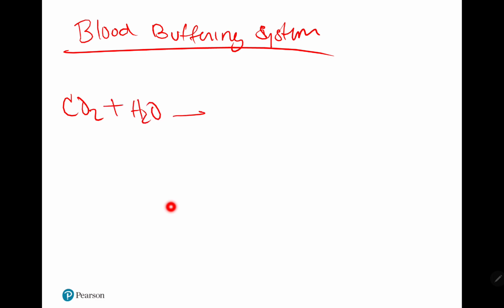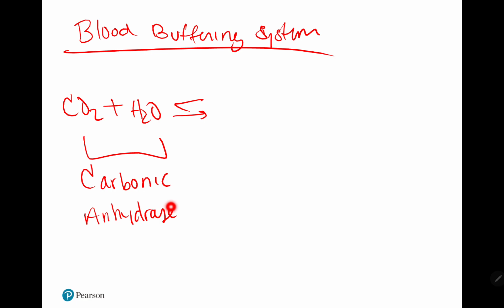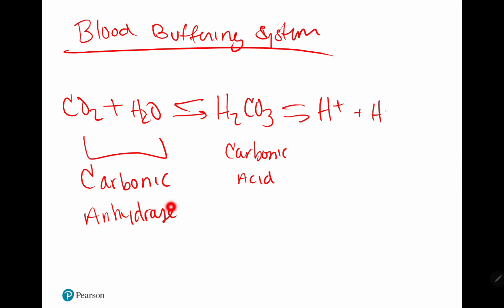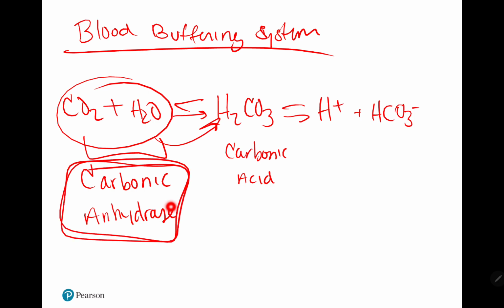And in the presence of this enzyme, carbonic anhydrase, it converts this reaction to forming carbonic acid. Carbonic acid is a weak acid, of course, so it dissociates into hydrogen and bicarbonate. But remember, this is facilitated to get to carbonic acid via the presence of carbonic anhydrase enzyme.